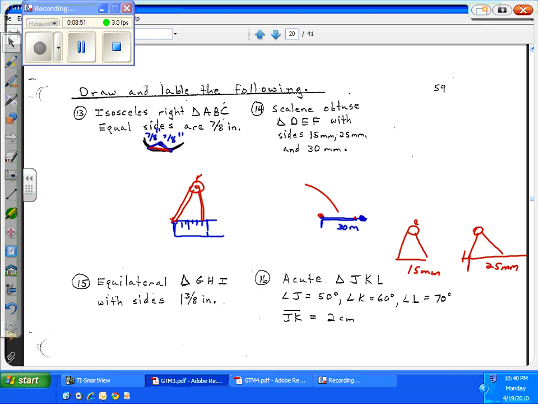And we'll go from this vertex and we'll make an arc 25 millimeters. And where those two arcs hit, we will connect. And so this would end up being 15 millimeters, 25 millimeters, and 30 millimeters.